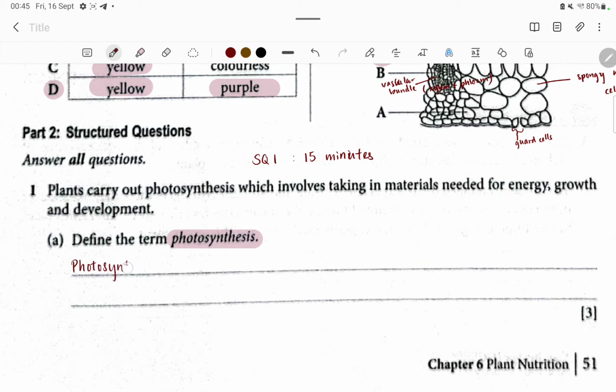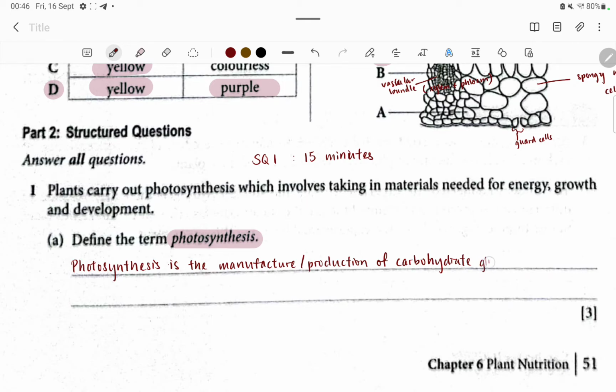Photosynthesis is, and then the definition. You can say manufacture or production of carbohydrate, and then has to be specific.